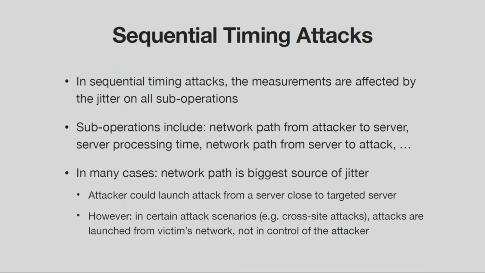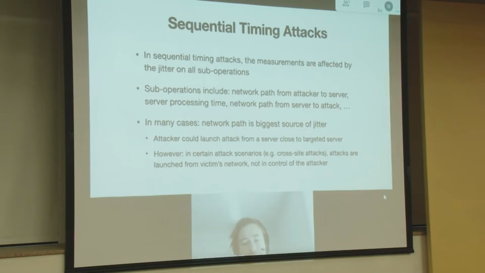There might be some other aspects that also introduce some jitter, but in most cases, the main source of the jitter is the network path. This means that if it's a long distance connection, there will be more jitter, which means the attacker will need more requests.